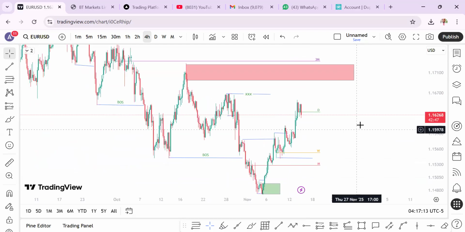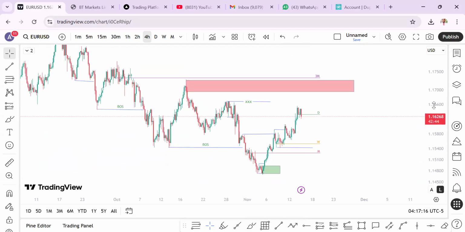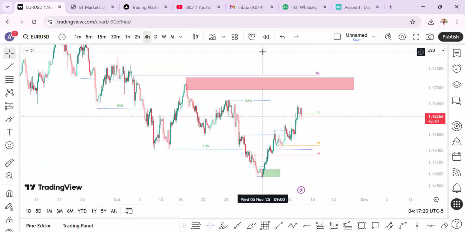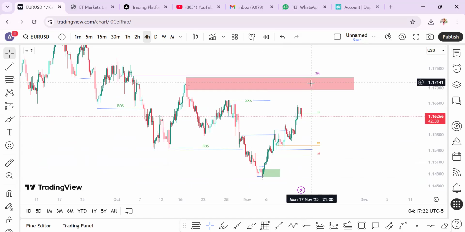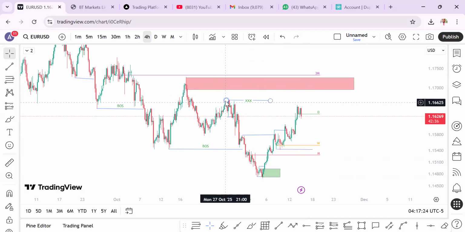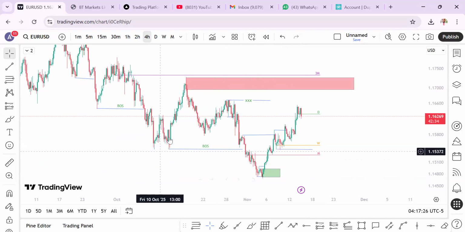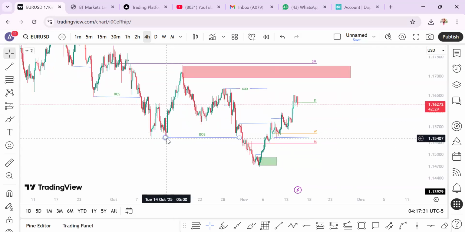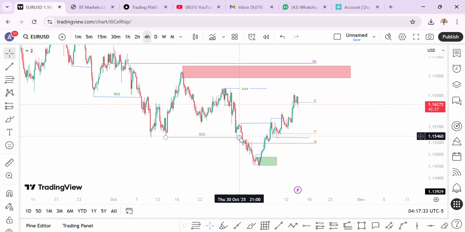Looking at Euro USD, internally on 4 hours, I'm still looking at price coming to this zone. I have spotted liquidity above this high. Then here we have a clear break of structure for us, right?